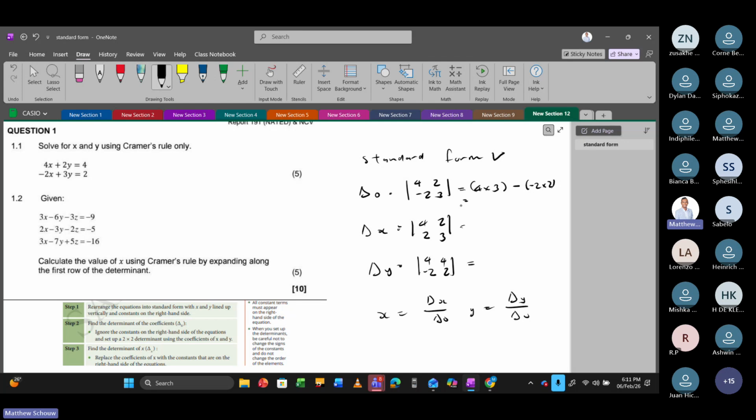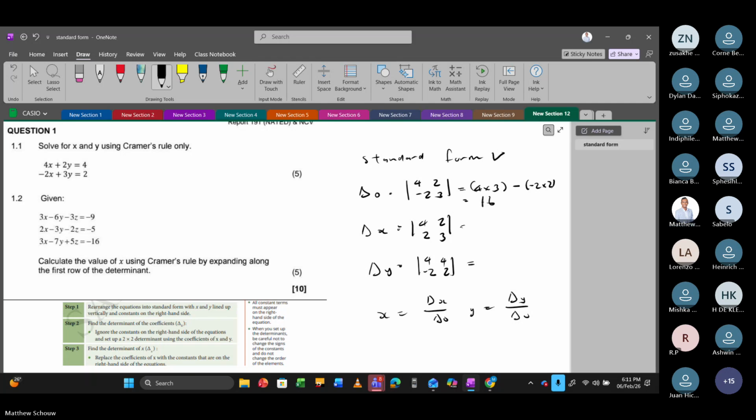Matthew, can you organize me the delta zero, please? Delta zero, I got 16, so it's clean 16, huh? Straight, yes, 16. Cool.